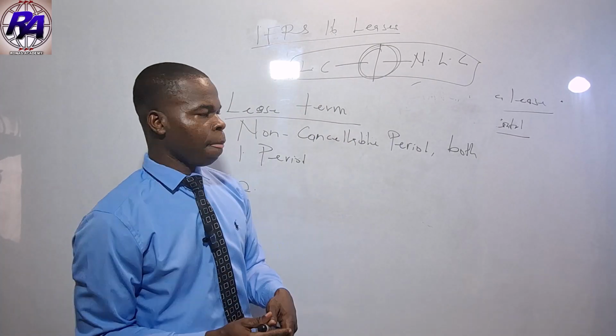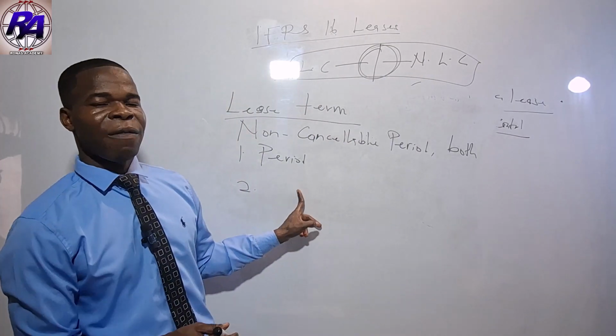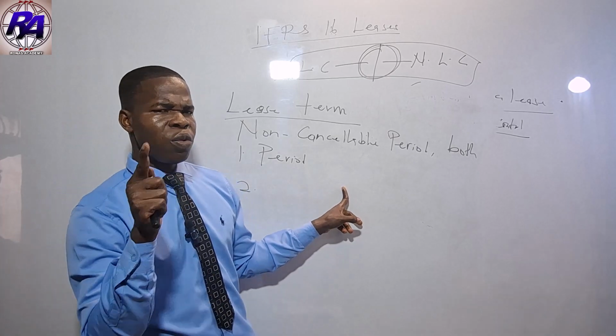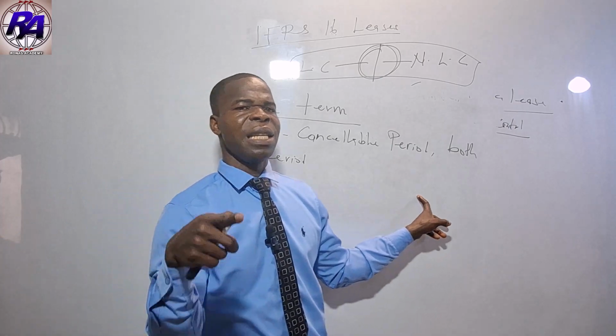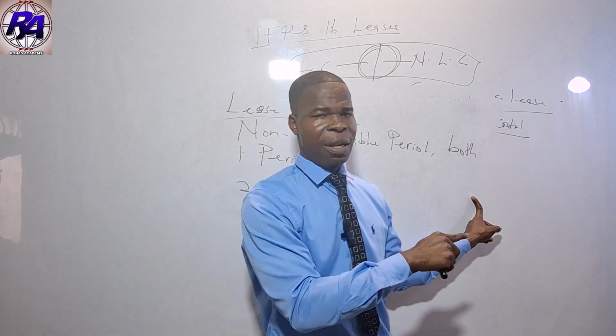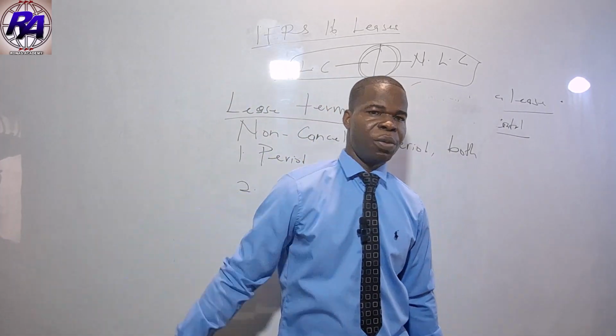That is one. Then the second one is a period covered by an option to terminate the lease if the lessee is reasonably not certain to exercise that option.